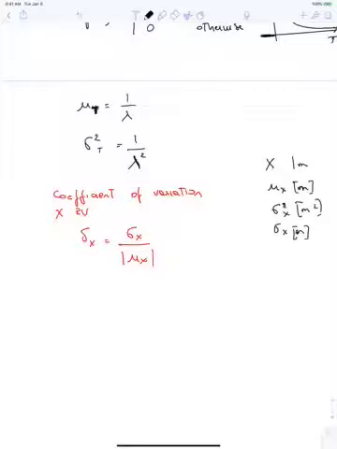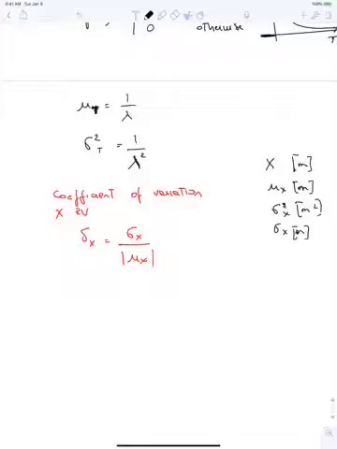So if you take the standard deviation divided by the absolute value of the mean, this is unitless. It's not useful when the mean is equal to 0, of course, because you cannot define it. But this is a property that from time to time in other fields is commonly used.